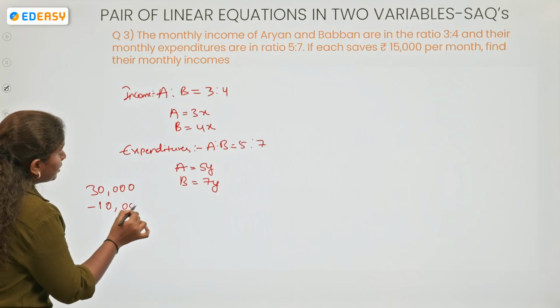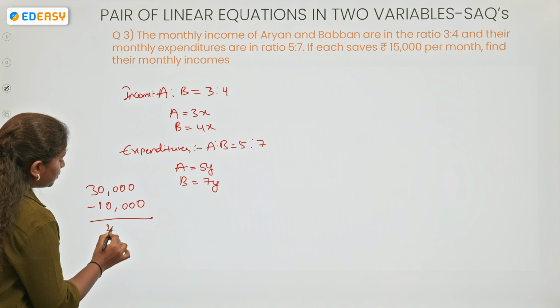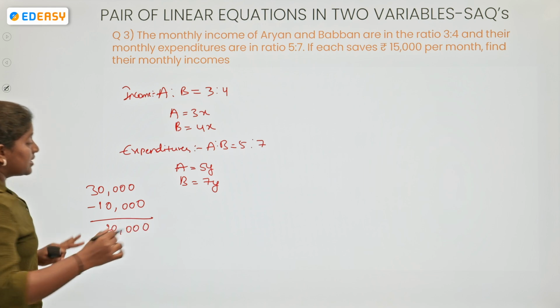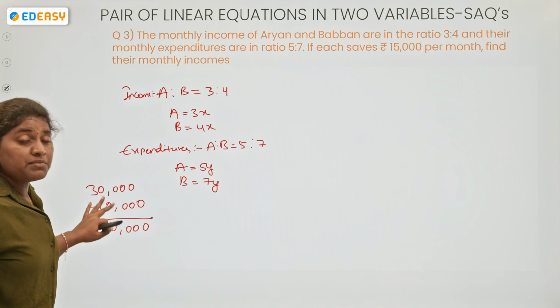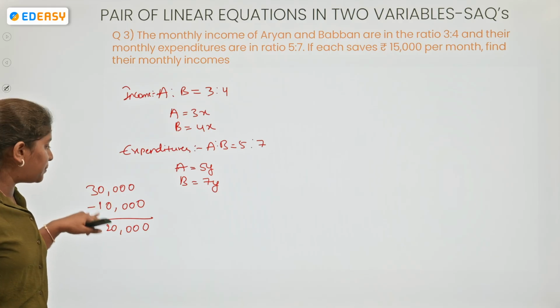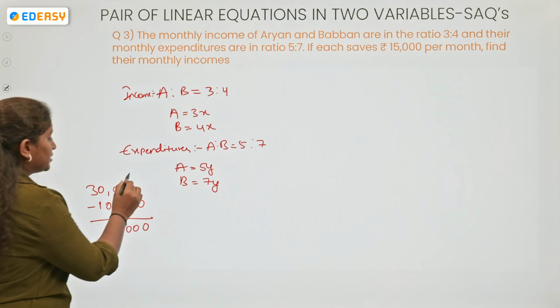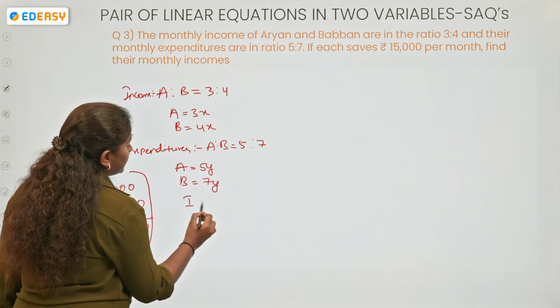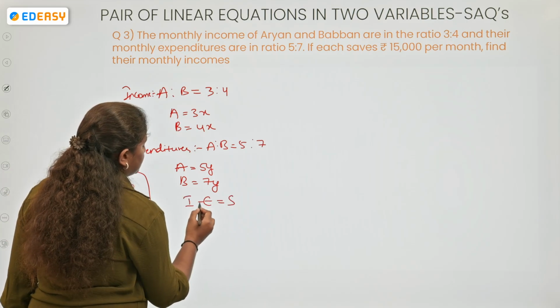Then what will my savings be? That is 20,000, right? It means if you subtract the expenditure from the income, you will get the savings. So income minus expenditure will give you savings.